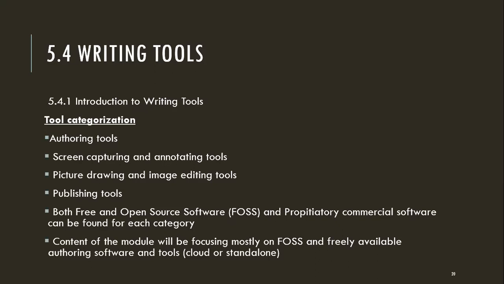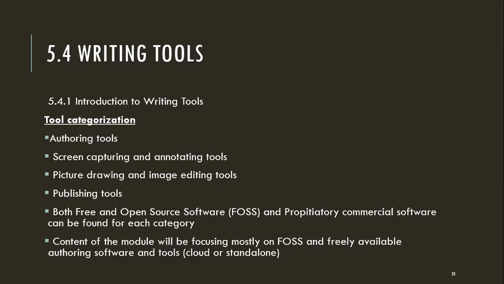Writing tools. What are the writing tools you can use in technical writing? You should first identify the tool categorization. Authoring tools are there, screen capturing and annotating tools are there, picture drawing and image editing tools are there, then there are publishing tools.